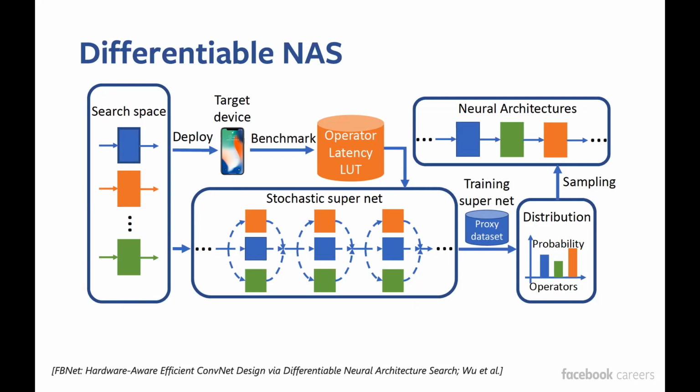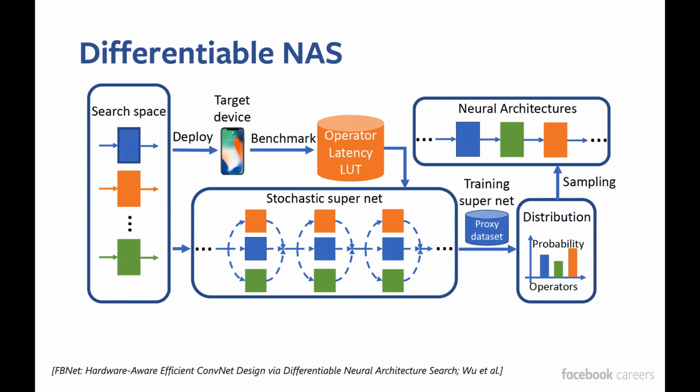In differentiable network architecture search, instead of doing genetic programming, we propose a way to search the space directly. What this means is that we can create a stochastic supernet where each layer contains all the different blocks within your search space.